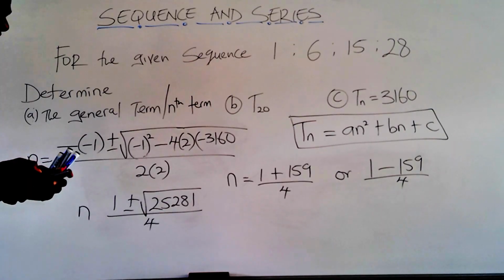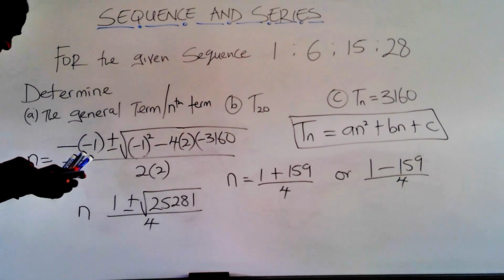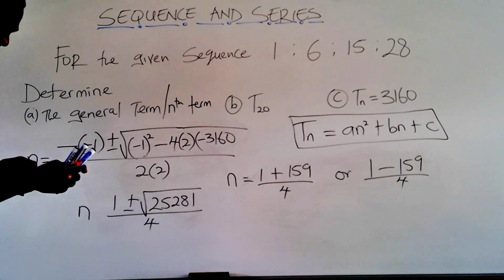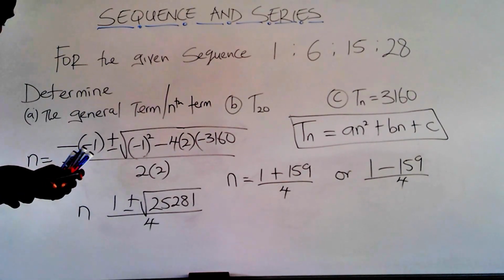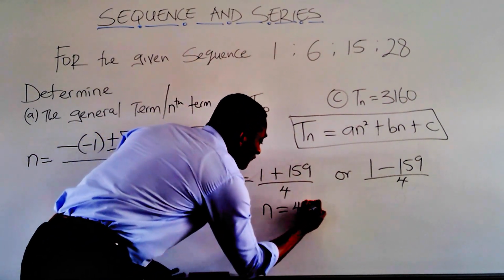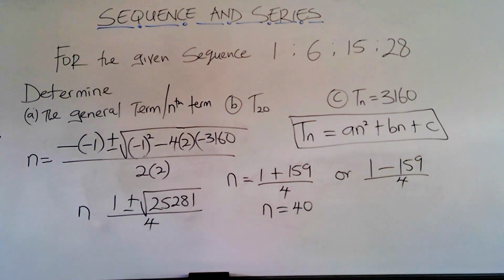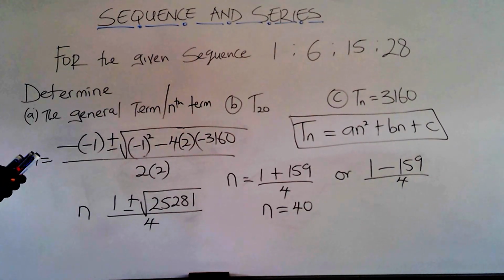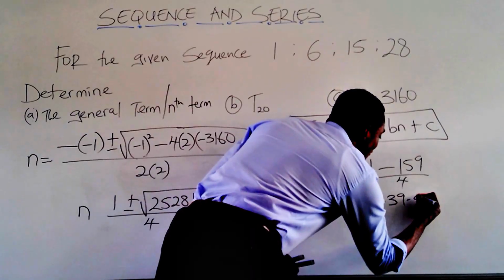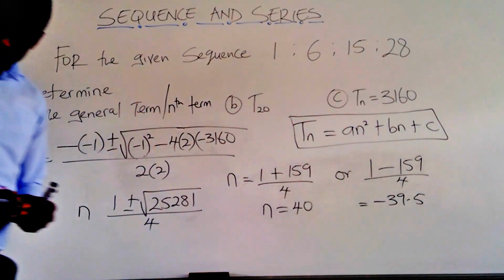You have to reject the one that is not applicable. So the first one gives us 160 divided by 4, and that is going to give us 40. And then the next one gives us minus 158 divided by 4, which will give us negative 39.5.